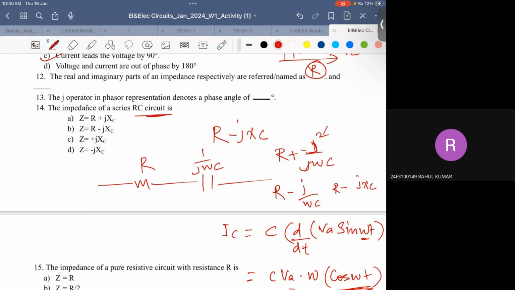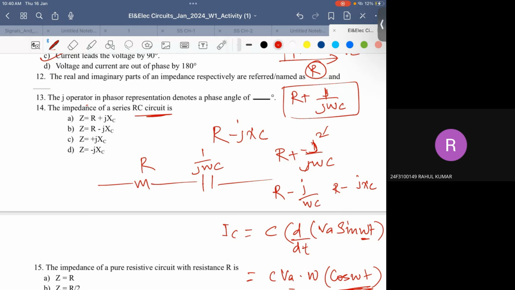Is it clear to everyone? How did we write this? R is the impedance for the resistance, and 1 upon j omega C for the capacitor. If we add them, we get R plus 1 upon j omega C. This is the exact value. If you want to write it in the form of real and imaginary parts, you have to put j in the numerator.